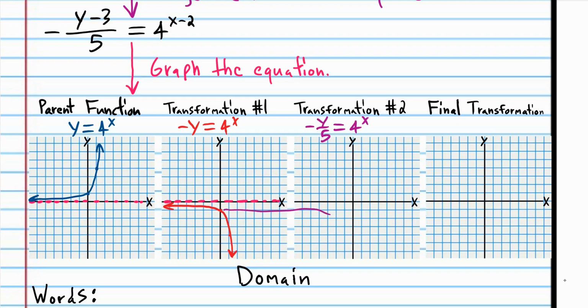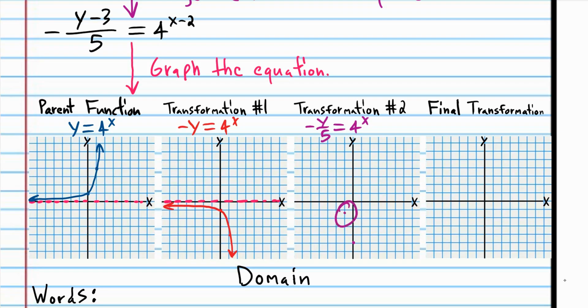So this point has a y value of -1, so its new y value is -5. And this point is going to go way out of our window. So let's plug in an x value into the equation over here. So let's plug in -1. If you plug in -1 for x and solve for y, you get -5/4.